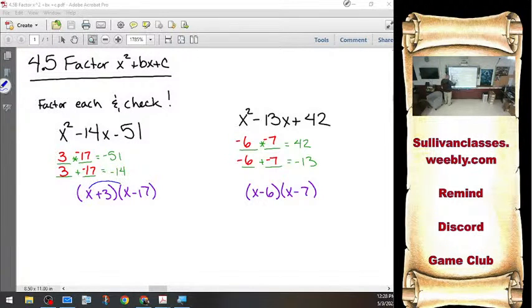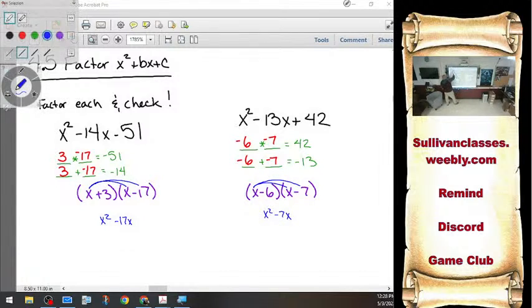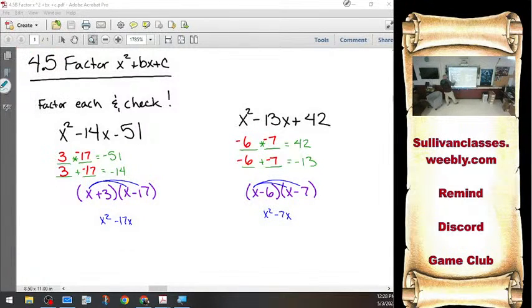In this one, I get x squared minus 17x, x squared minus 7x. I'm trying to keep all my colors in line here, that's why I'm doing both at the same time. Plus 3x minus 51, minus 6x plus 42.